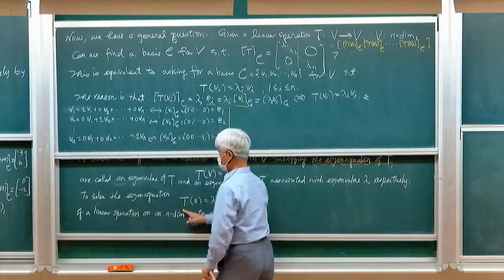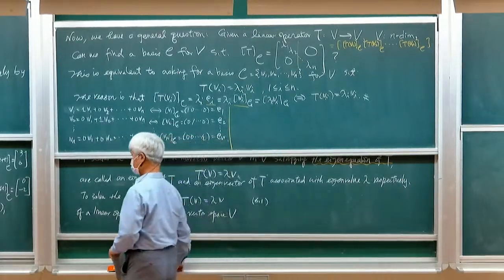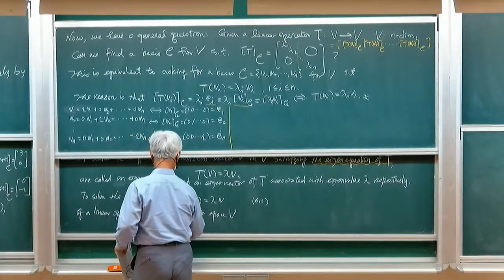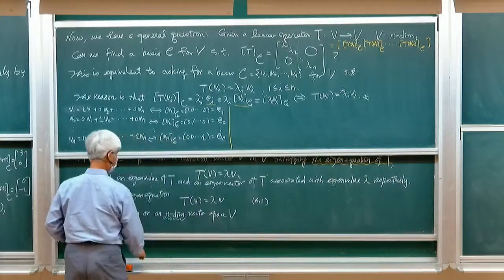So we have an n-dimensional vector space.